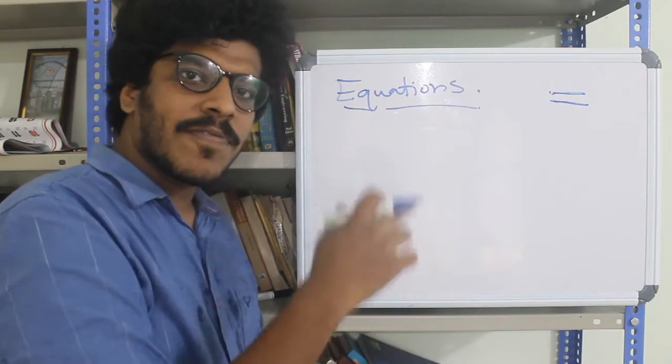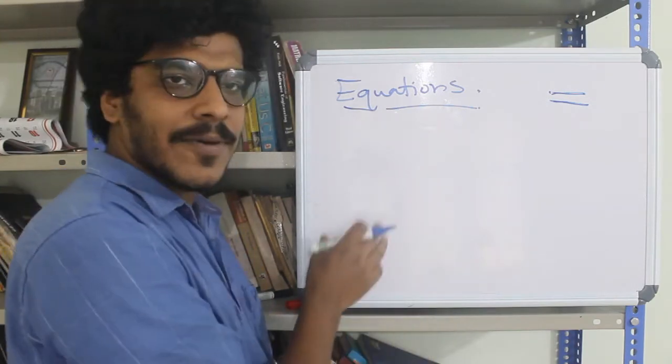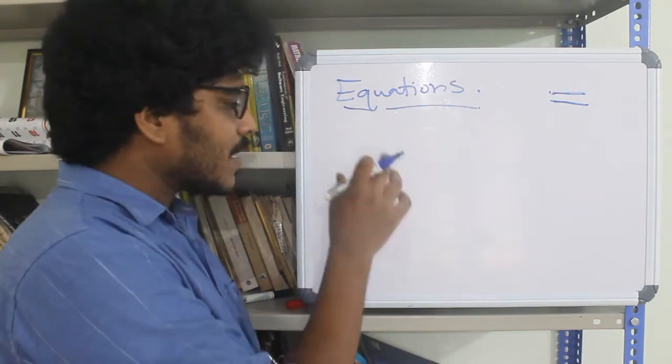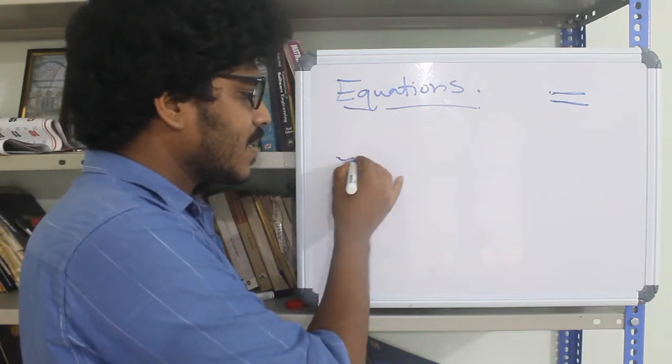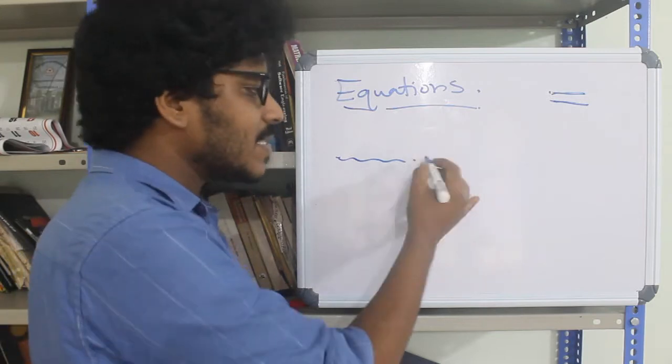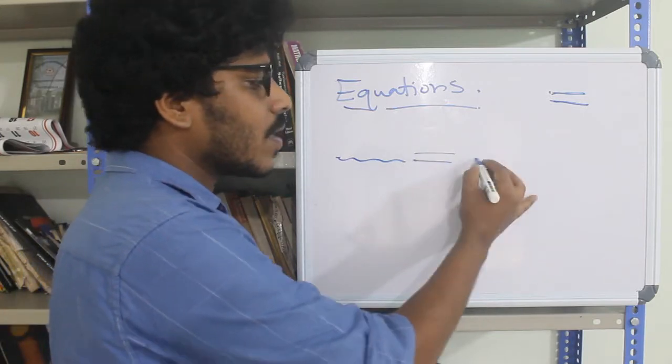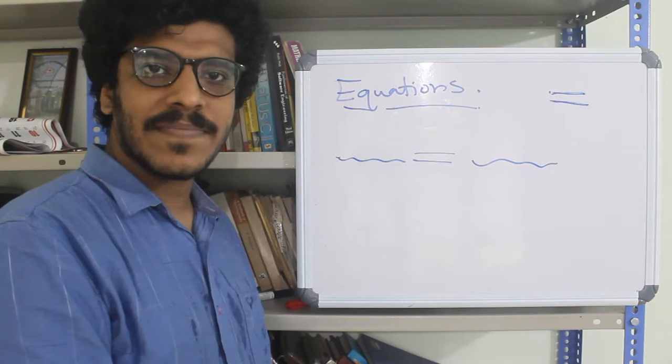To be a little more formal, we can define an equation to be something in which a mathematical statement is equated to another mathematical statement.